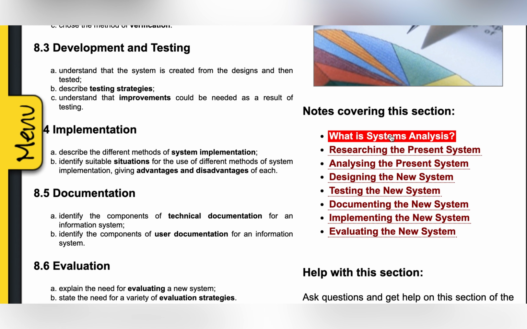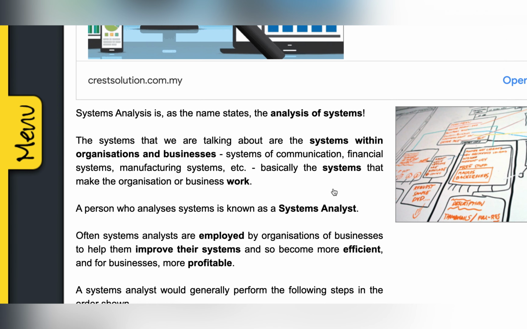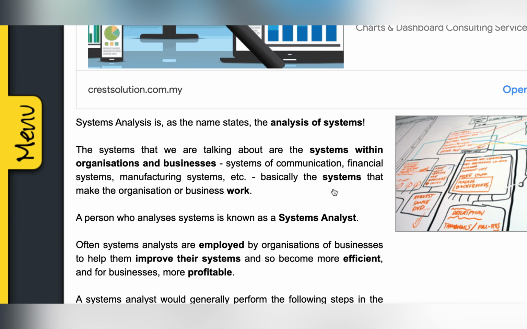So we take the first one, the analysis of the system, which is our first part. Okay. First of all, as the name implies, we say system analysis. It means to analyze the system, to look into the system, to see how the system is performing, to see the various stages of the system, the documentation in an organization. So whenever we're talking about system analysis, we're talking about the system within the organization and businesses.